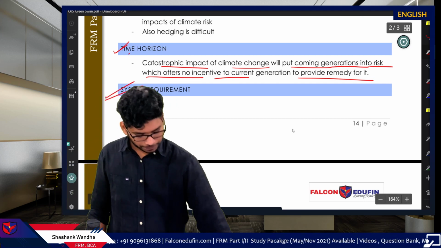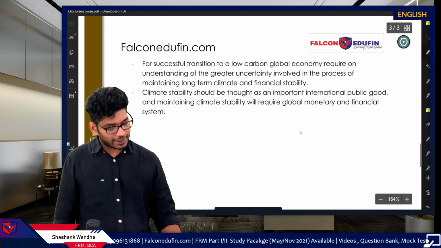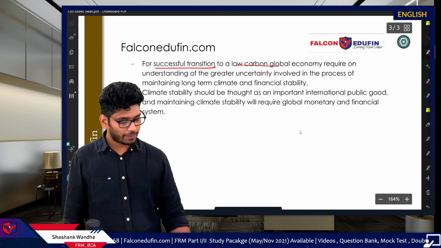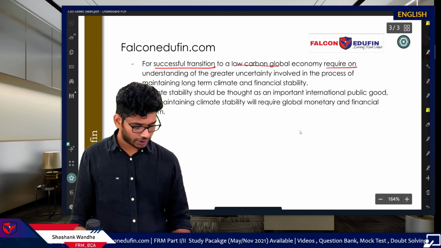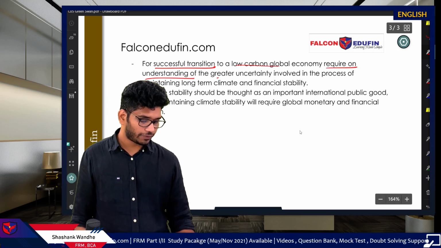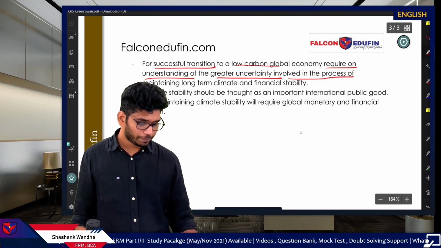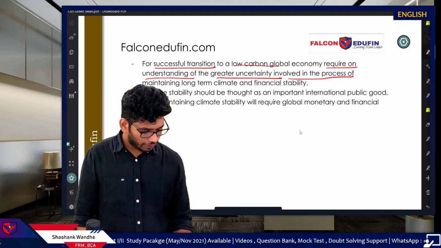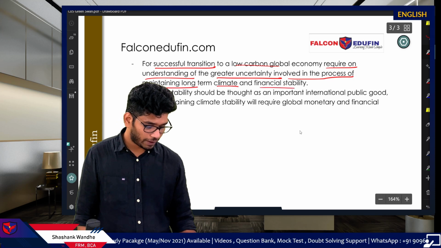System requirements. A successful transition to a low carbon global economy requires an understanding of the greater uncertainty involved in the process of maintaining long-term climate and financial stability.